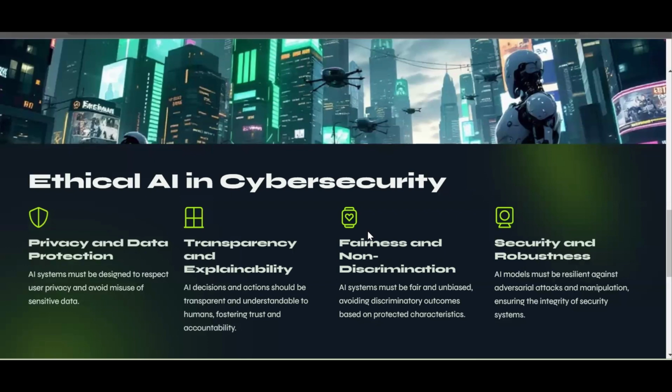So AI should work in accordance with ethical constraints. It should respect privacy and data protection. It should be transparent and understandable. There should be non-discrimination, and it should be robust and secure.